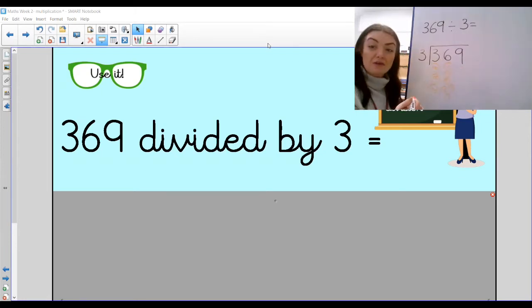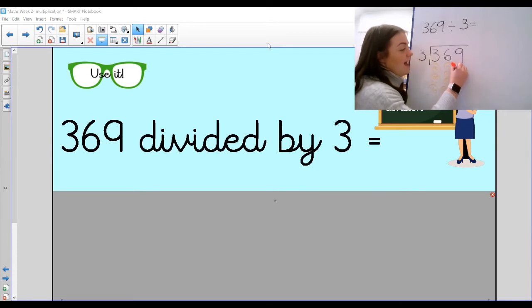Now I could go and get my resources, but there's no difference from just drawing them into your books, because obviously you won't have these counters at home, but you can just draw them. You can use a pictorial representation instead. And 9 ones, I would choose a very big number with 9. 2, 3, 4, 5, 6, 7, 8, 9. There are my 9 1 counters.